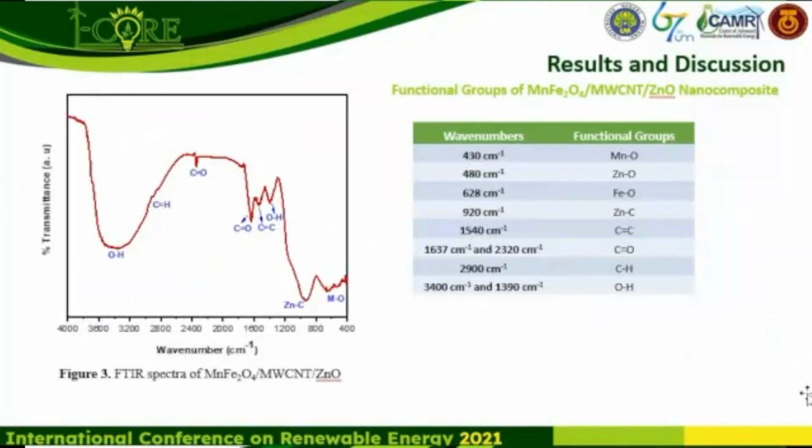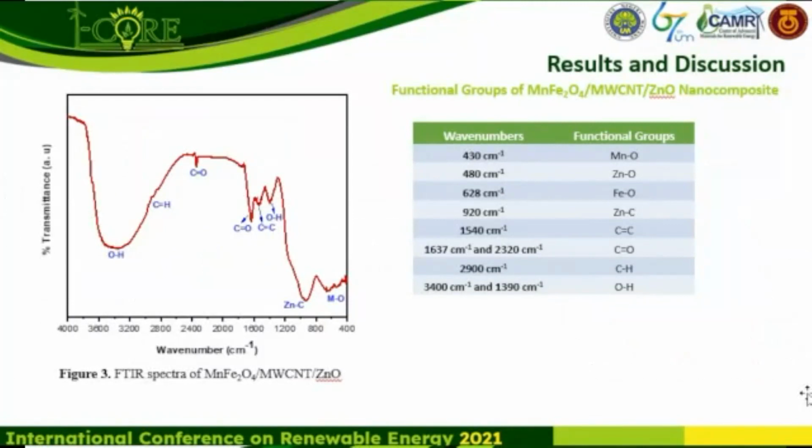Okay, next we will talk about the functional groups of manganese ferrite multi-walled carbon nanotubes zinc oxide nanocomposite. Figure 3 shows the infrared spectra of the nanocomposites observed from 400 until 4,000 wave numbers.